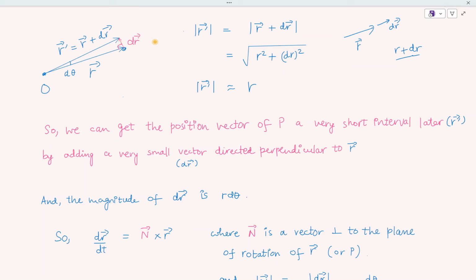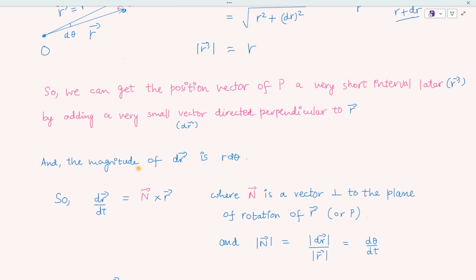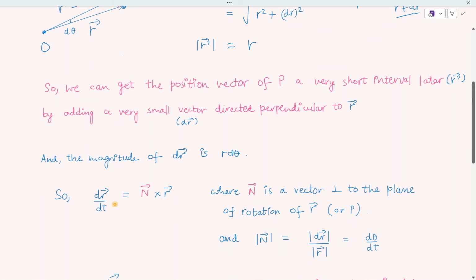The meaning of dr is the displacement of the point P during this time interval. The original position vector was r, the final position vector was r prime, so that is the displacement: final position minus initial position. So my dr by dt must be the instantaneous velocity, right?